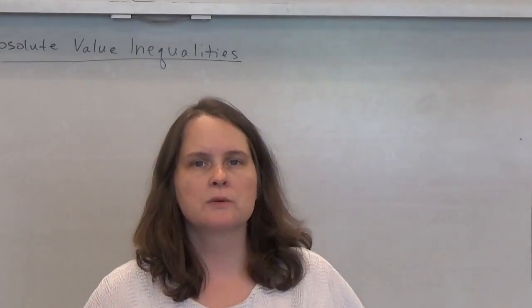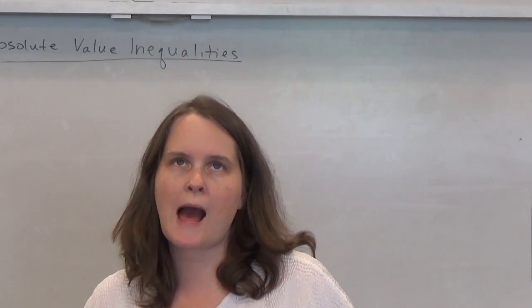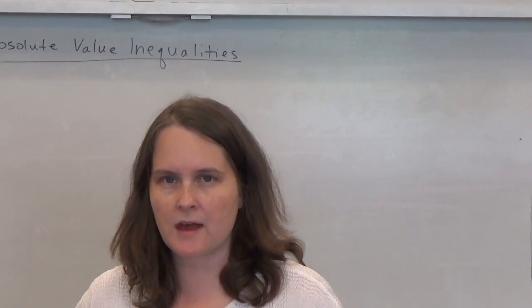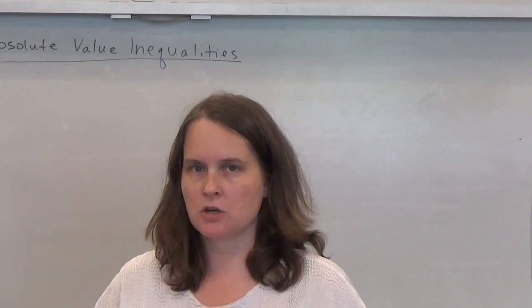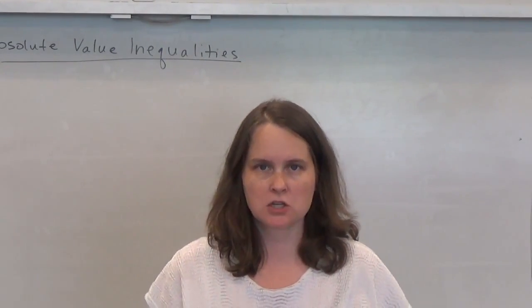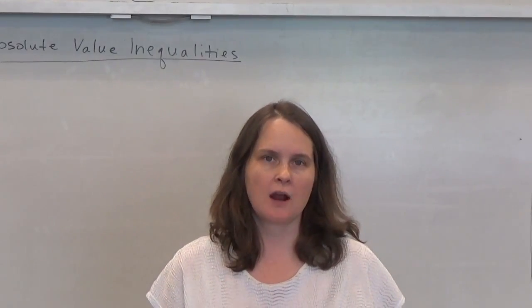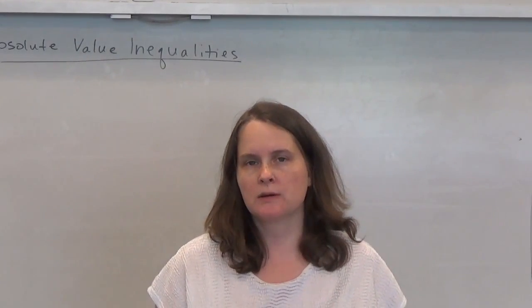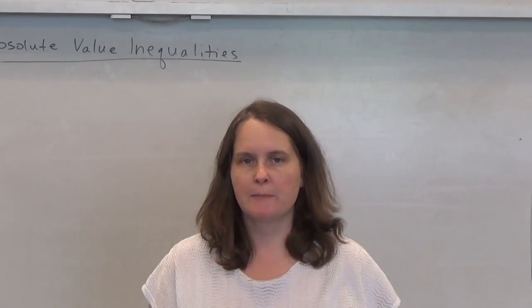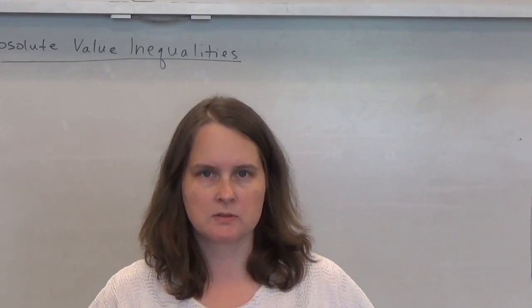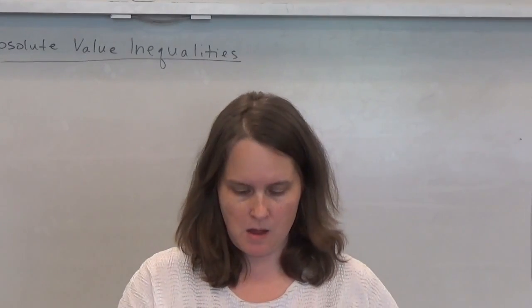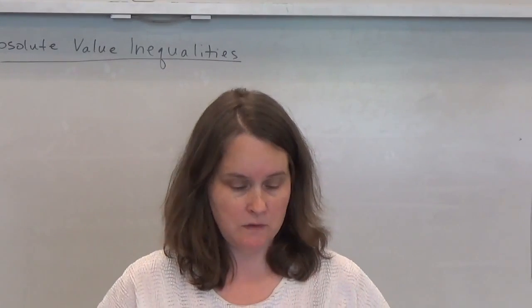So the discussion that we've just gone through showing how the absolute value of x being greater than or less than a number creates a certain graph, and then the interval notation and the inequality version of those graphs, gives us the rules that we need in order to solve absolute value inequalities. You'll find the rules explicitly stated at the bottom of your notes, the same page of notes.